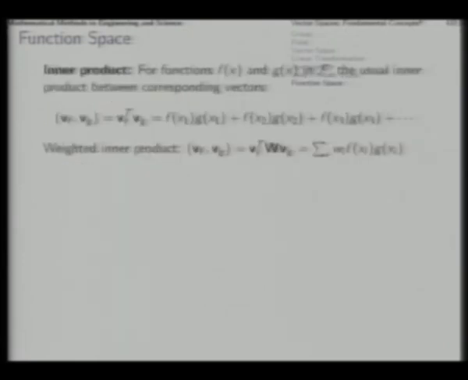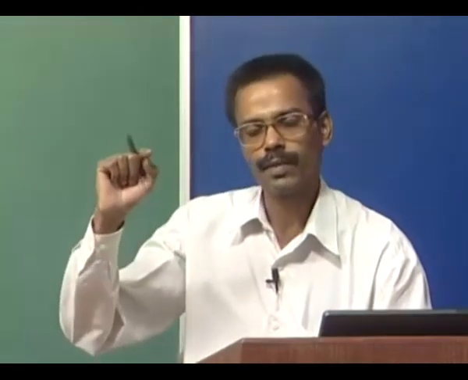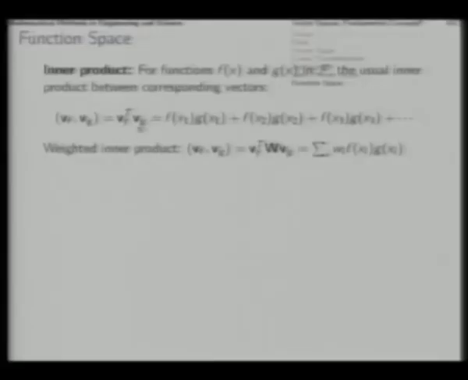You can define inner product between vectors, between functions. Suppose f and g are two functions, and for f and g we can work out those large column vectors vf and vg, which among themselves have this inner product.